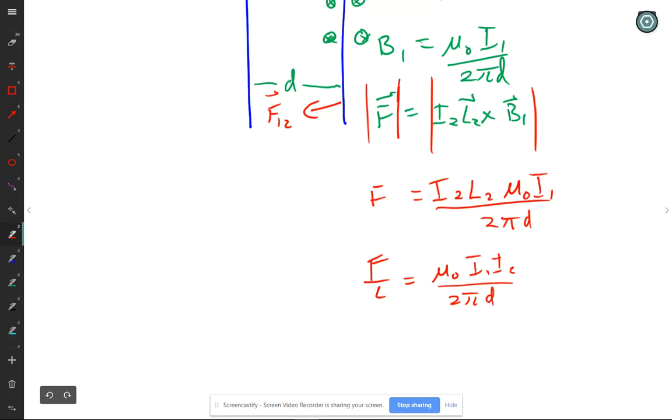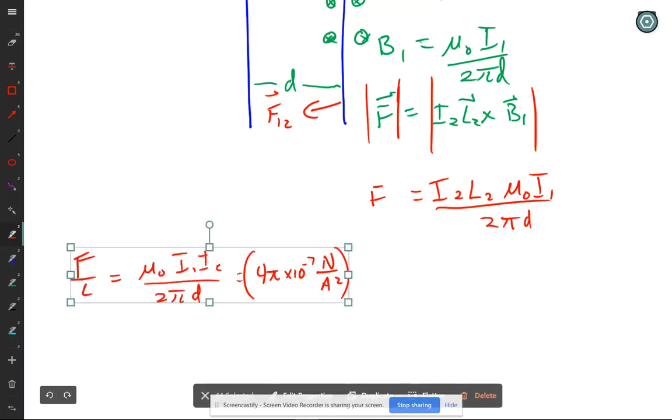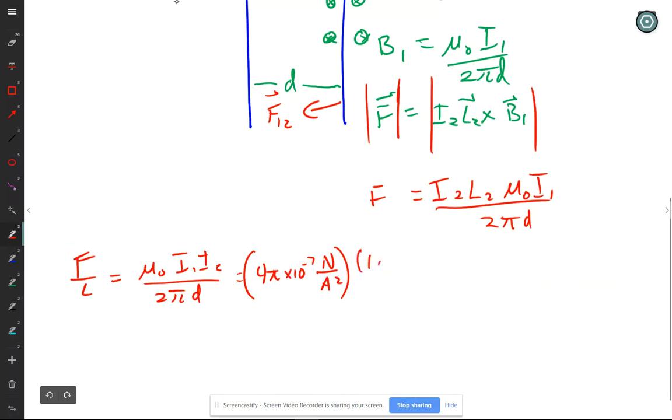And now we can see by that definition, that will give us, on top, 4 pi times 10 to the minus 7 divided by 2 pi, which gives us 2 times 10 to the minus 7 newtons per meter.